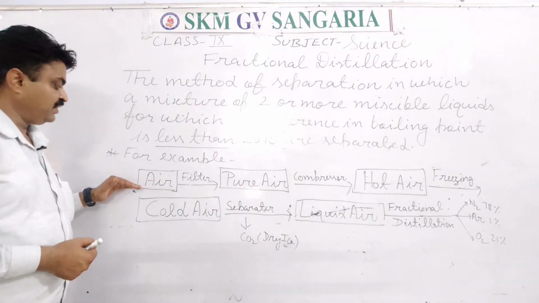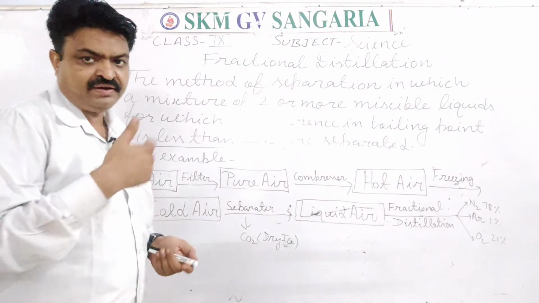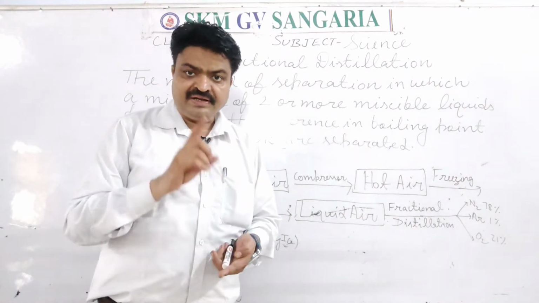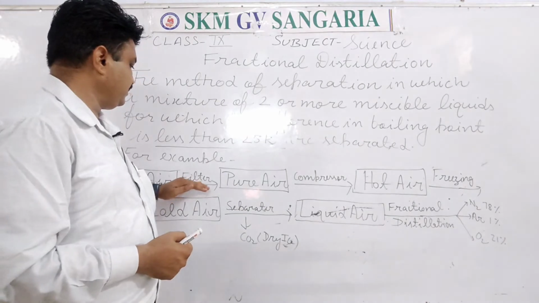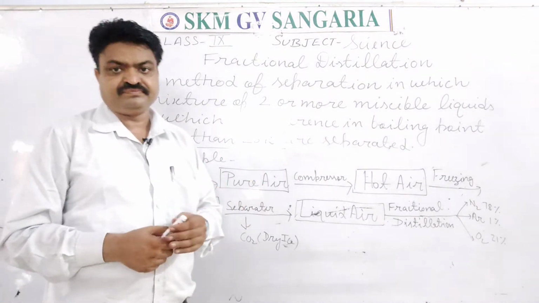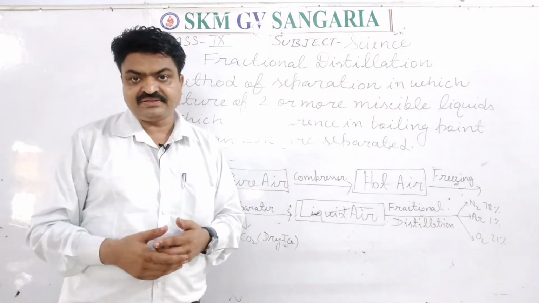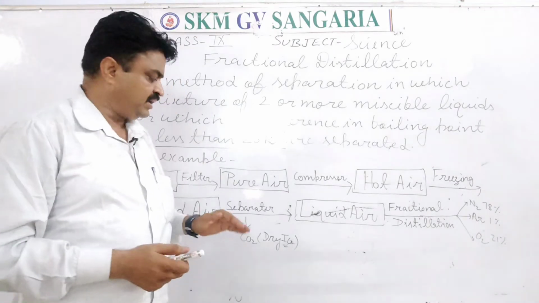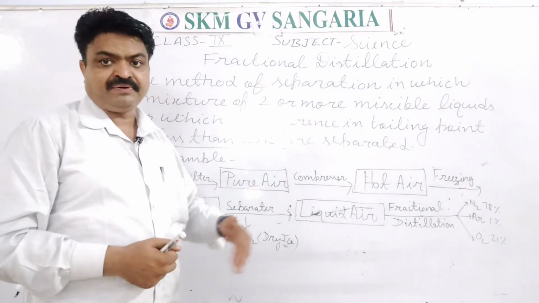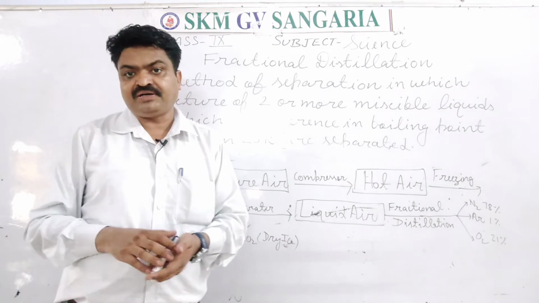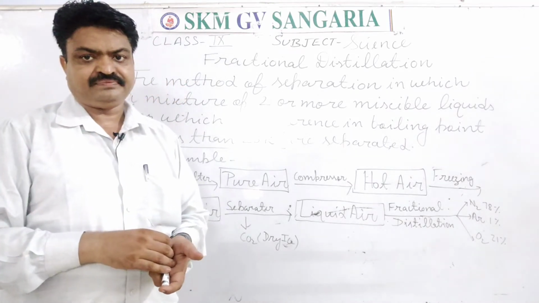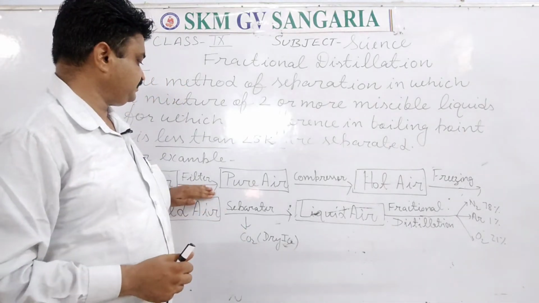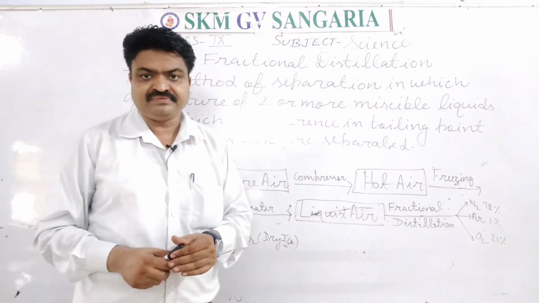What the industrialists do, student, is first take air from the environment, and that air is filtered through filters. With the help of those filters the dust particles and smoke particles are separated, and it is supplied to another apparatus.